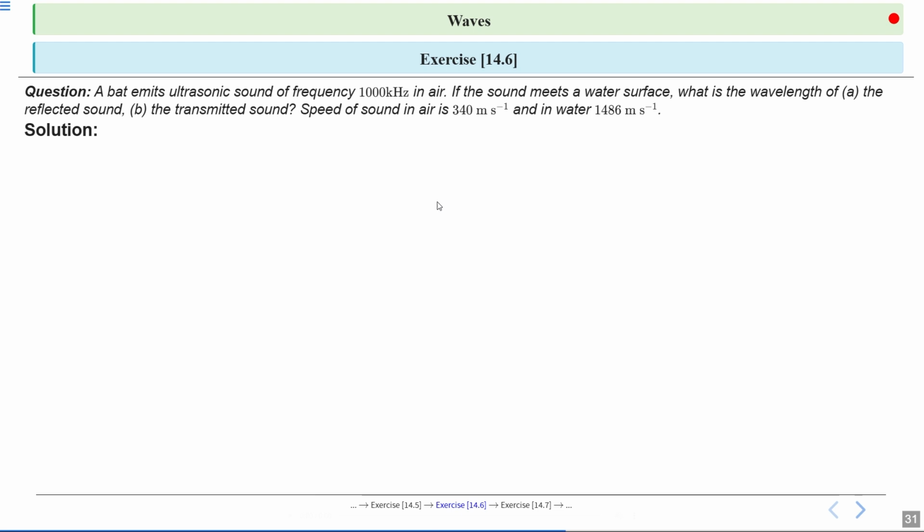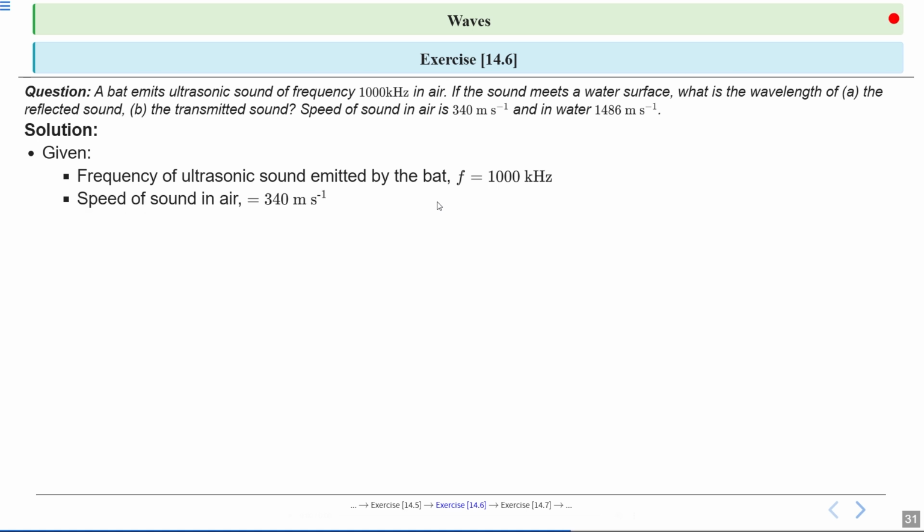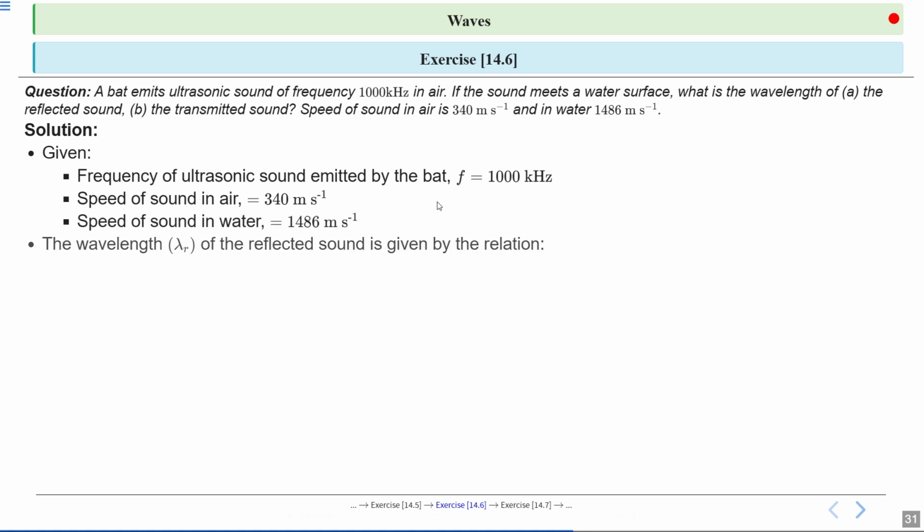Let's start with the solution. Let's see the given information in the question. Frequency of ultrasonic sound emitted by the bat f equal to 1000 kilohertz. Speed of sound in air 340 meter per second. Speed of sound in water 1486 meter per second.